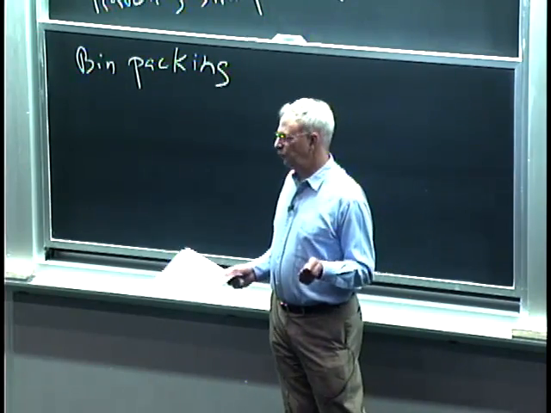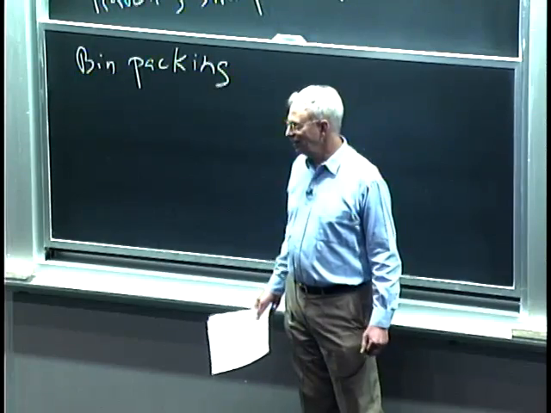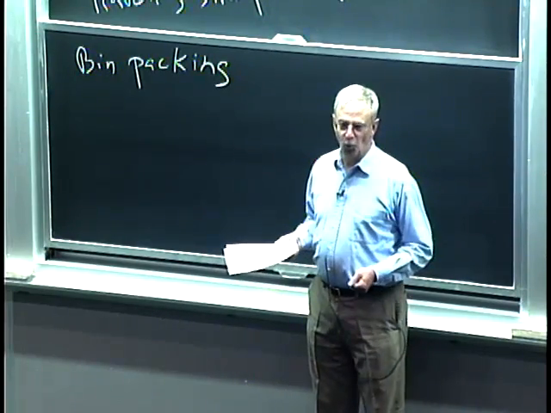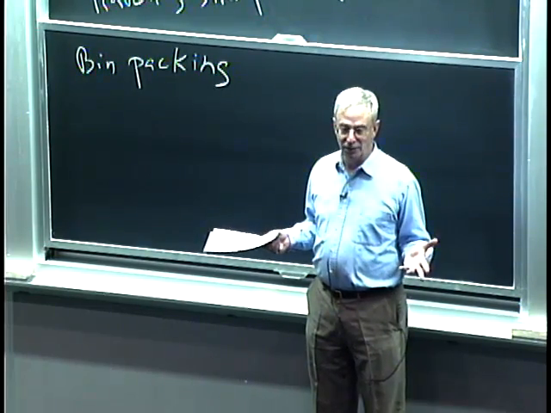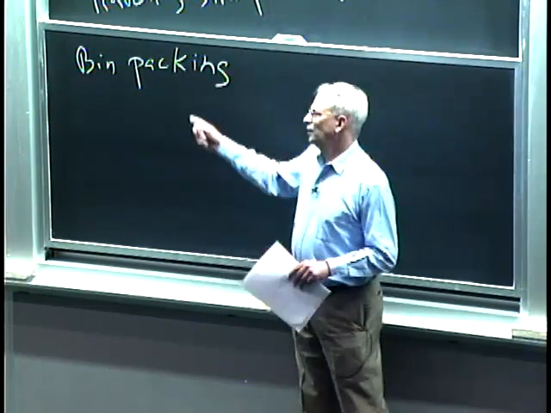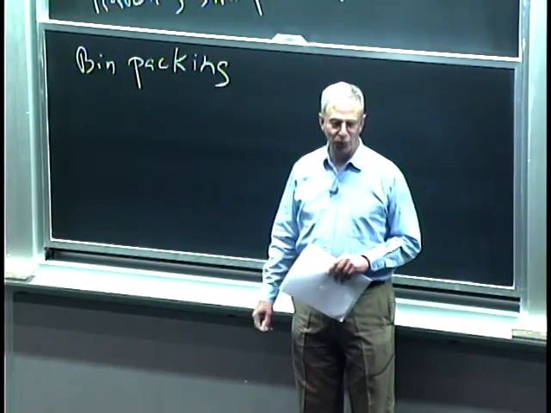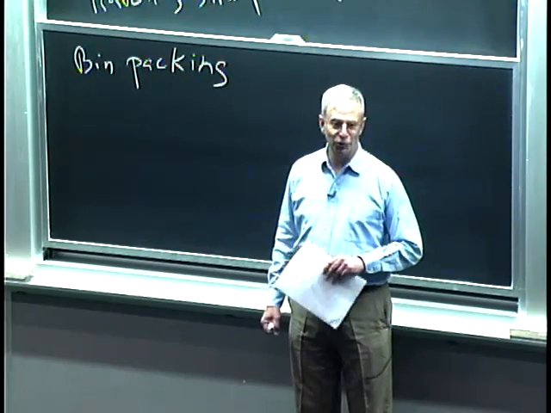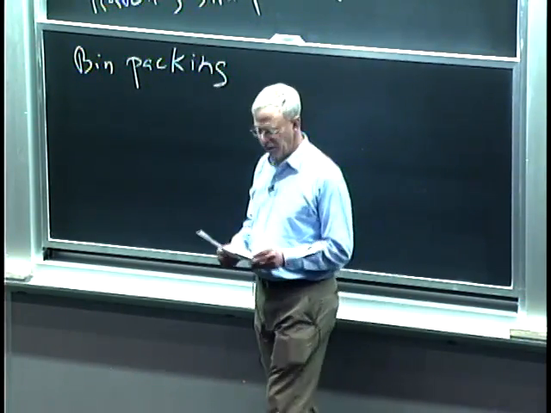So you've got the trunk of your car and you've got a bunch of luggage, more luggage than can actually fit in, and you're trying to figure out what order to put things in and which ones you can put in, how to fill up that bin. Very important in shipping. People use bin packing algorithms to figure out, for example, how to load up container ships, things of that nature, moving vans, all sorts of things of that nature.